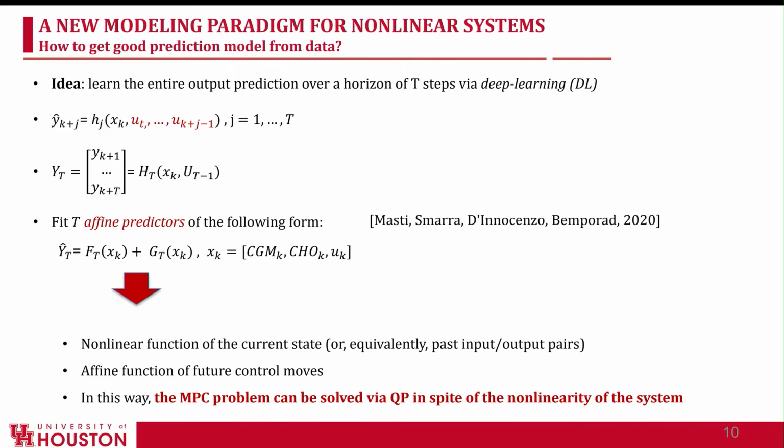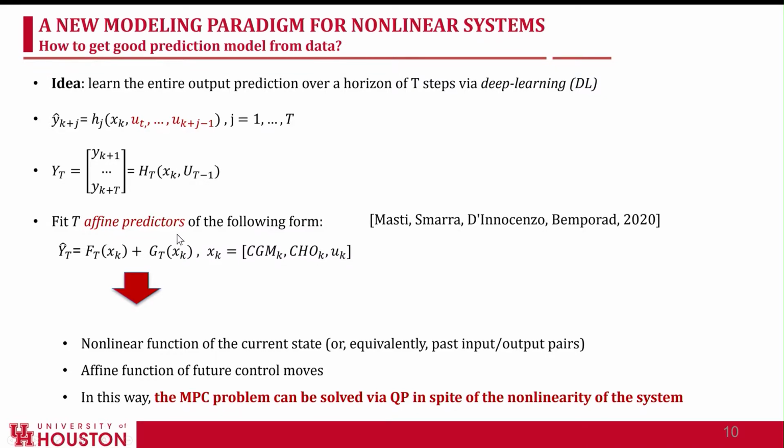So now I can rewrite the same thing in a more compact notation by stacking all my predicted outputs at subsequent prediction horizons, okay? And I fit affine predictors in the following form. So I have one component, which is a nonlinear function of the current state, or equivalently, the past input-output pairs, that in my case are the glucose monitors, the carbohydrate, and the insulin.